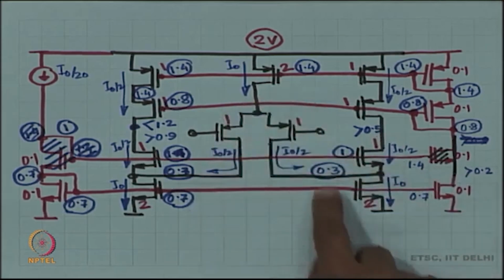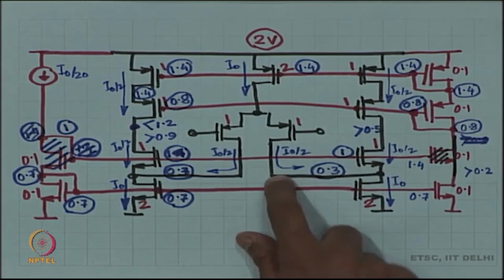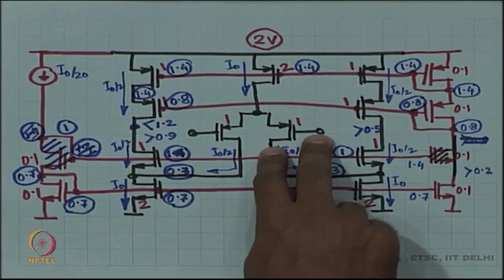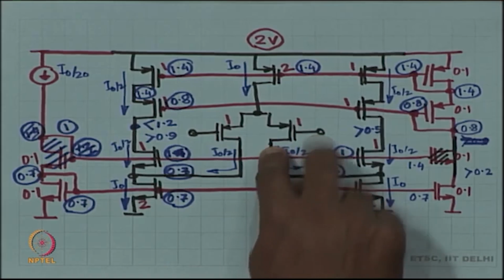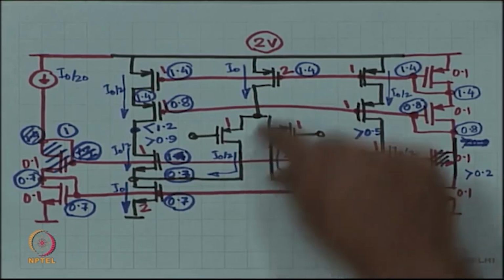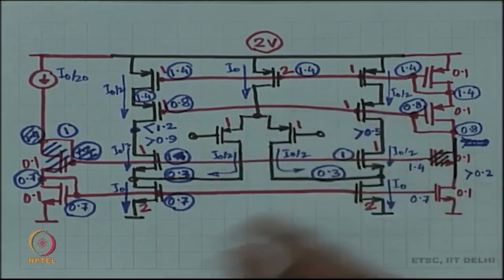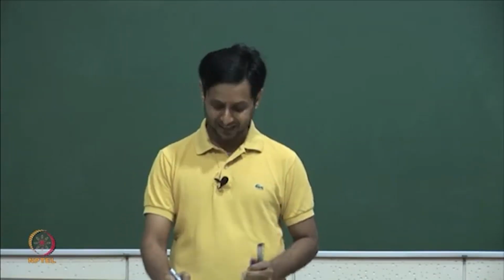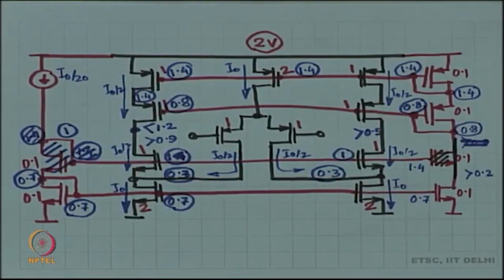What about the input? So, I keep this at 0.3. What should be the input? The input has to be anything such that, if this voltage is at 0.3, what is VDS? VDS has to be more than VGS minus VT, VSD has to be more than VSG minus VT.